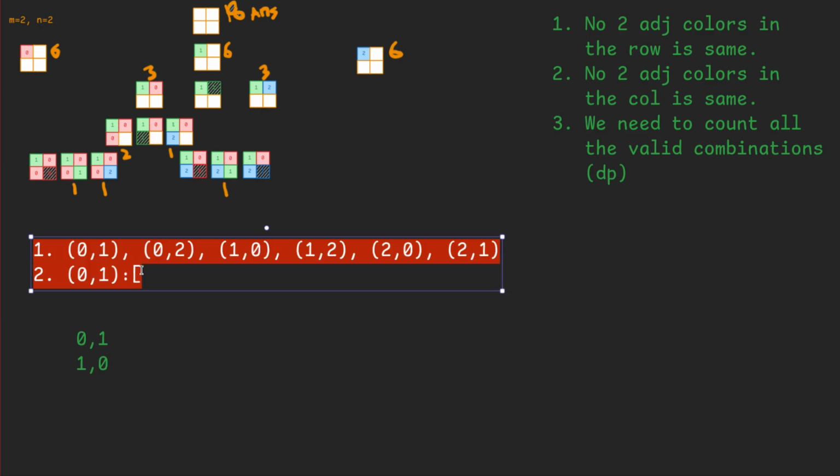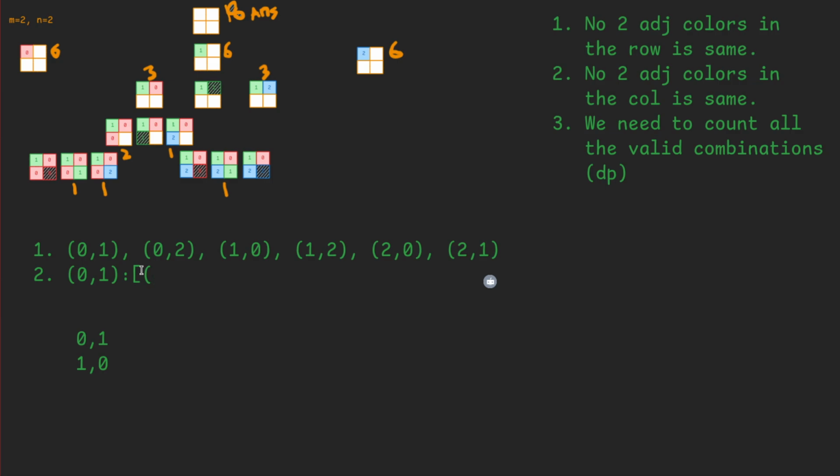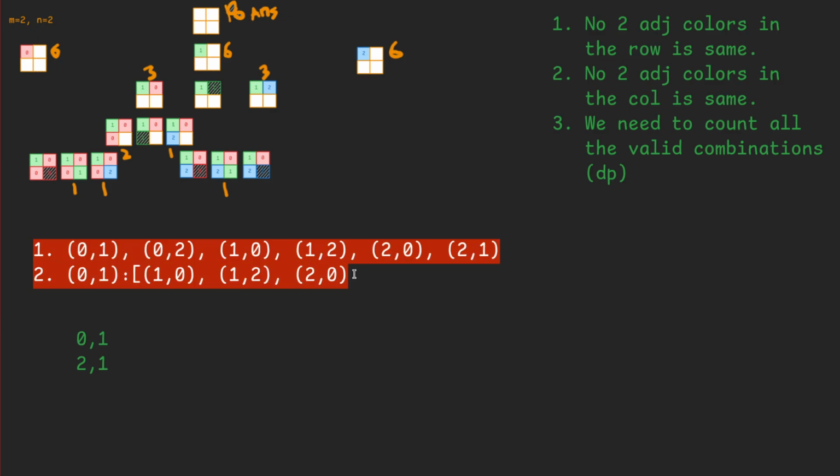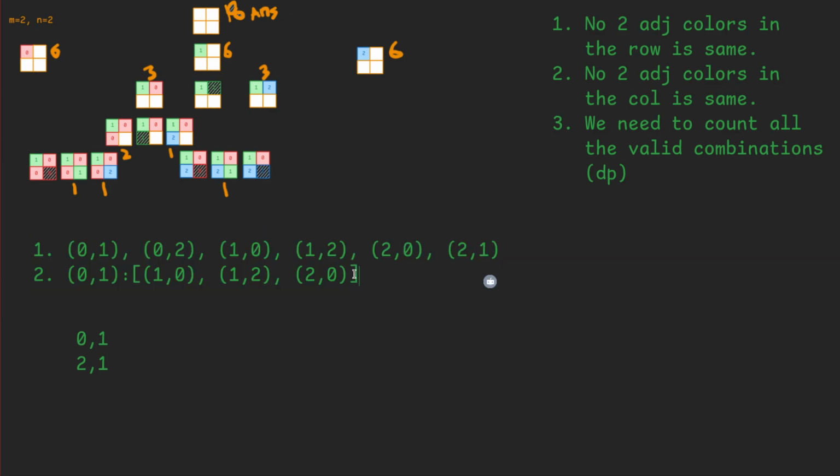So the adjacent column can have 1 0. The next adjacent column can have 1 2. The next can have 2 0. The next, 2 1, no, because in case of 2 1, 1 1 will become adjacent. So this is all the valid next row for 0 1.